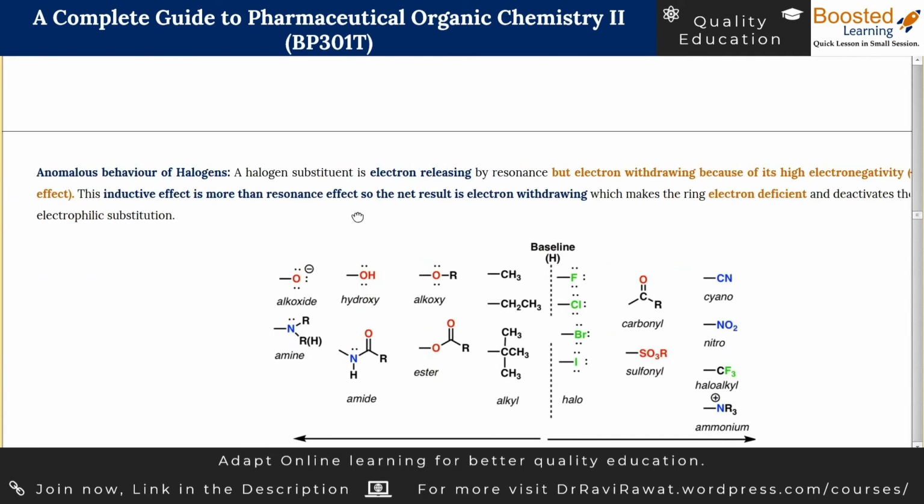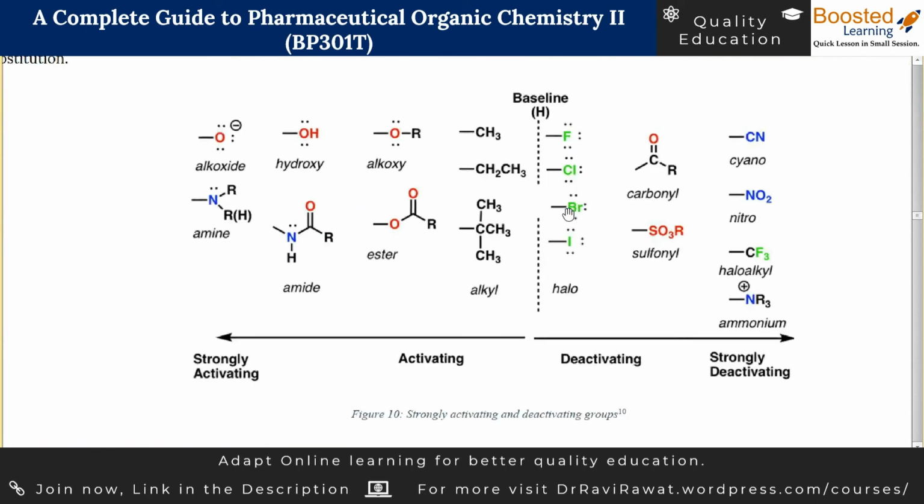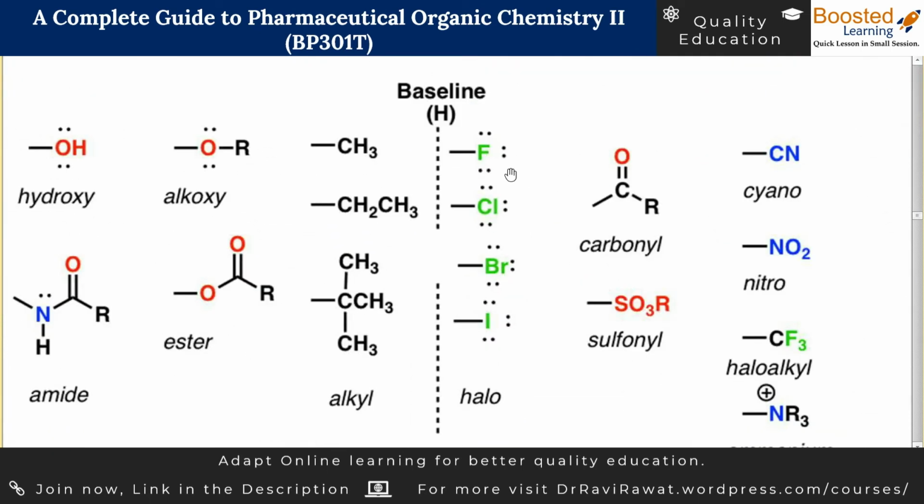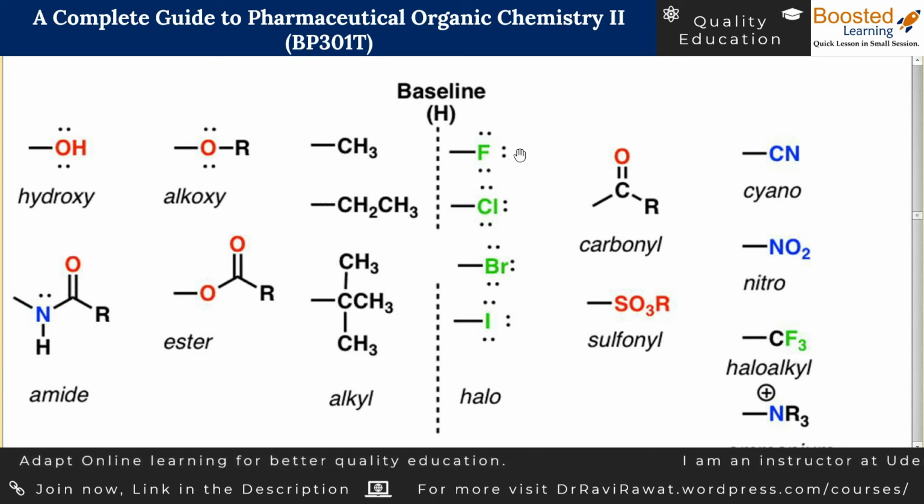Now there is one exception to this rule. This is being told to you in the form of anomalous behavior of halogens. Halogens exert negative inductive effect but positive resonance effect. Negative inductive because they are more electronegative as compared to the carbon, so they exert negative inductive effect, while they exert positive resonance effect because they have lone pair of electrons.